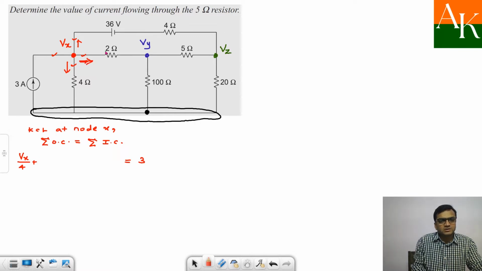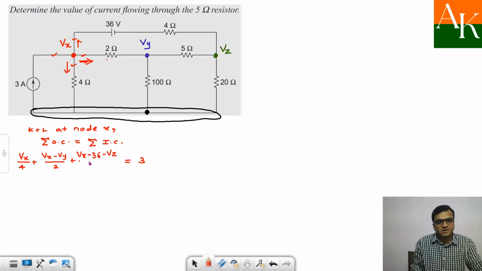The rightward current through 2 ohm can be written as (Vx minus Vy) divided by 2, and current through this 4 ohm can be written as (Vx minus 36 minus Vz) divided by 4.